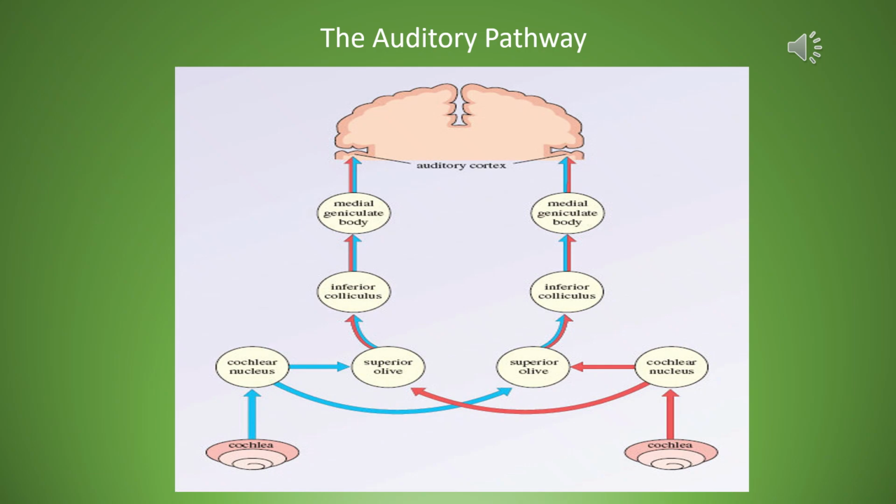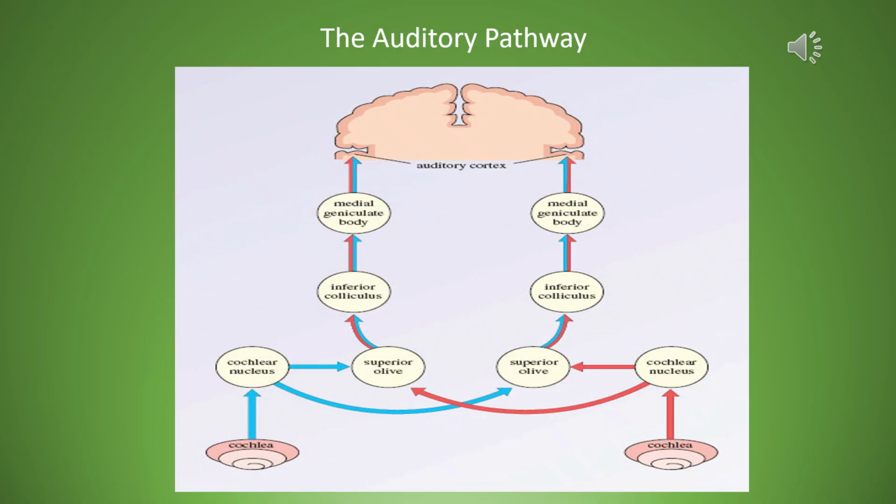It is picked up by the cochlear nerve. That is our first order neuron, the cochlear nerve, which goes to the cochlear nucleus of the pons. We send fibers down to the medulla oblongata, the superior olivary nucleus, but there is no synapse that takes place there. So this is still our second order neuron.